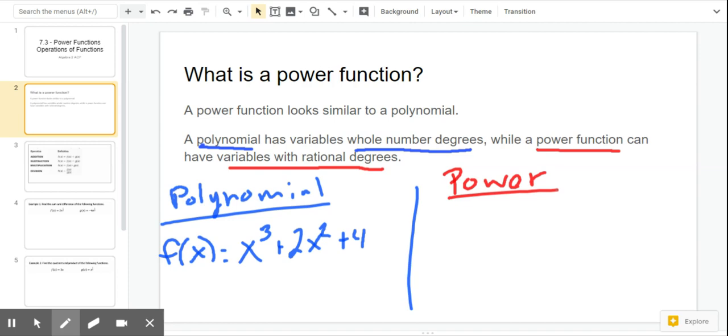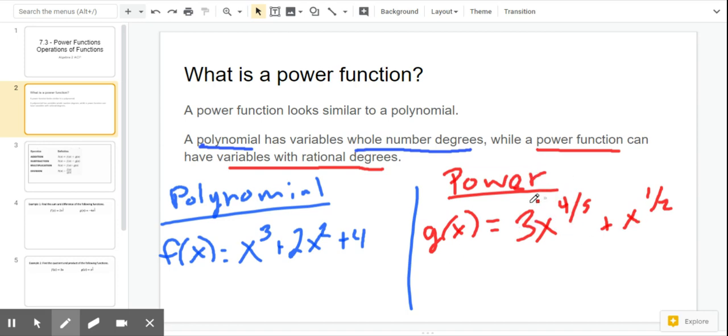So a power function, let's call it g of x, just so it doesn't have the same name. So g of x, let's say 3x to the 4/5 plus x to the 1/2. That's a power function because this has rational degrees, so rational exponents. A polynomial can be a power function, but not all power functions are polynomials.